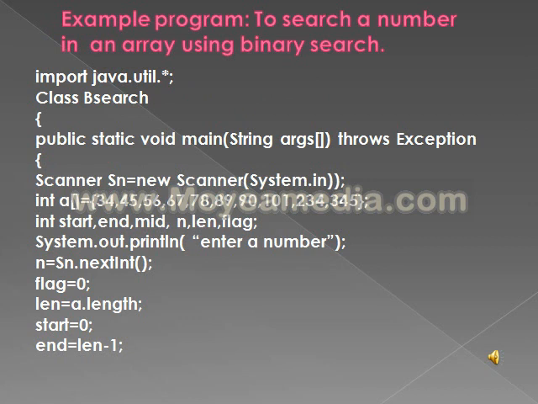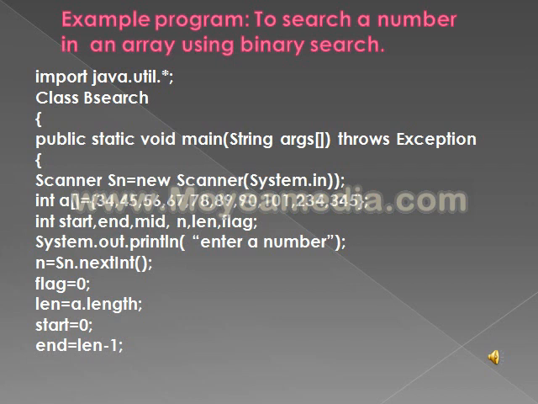So one example program using binary search. Here we will search a number in an array by using binary search. So the class name is bsearch and the scanner class is used, and 10 values have been initialized in the array elements. Whatever statements were written in the linear search, the same thing we will follow in the binary search also.